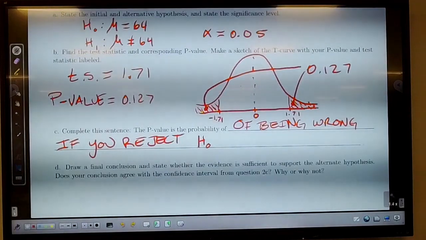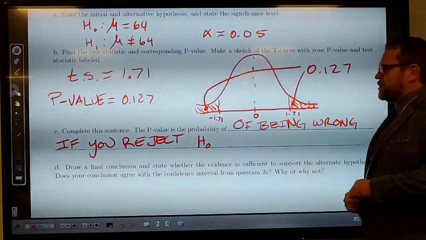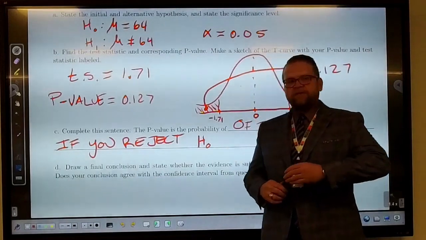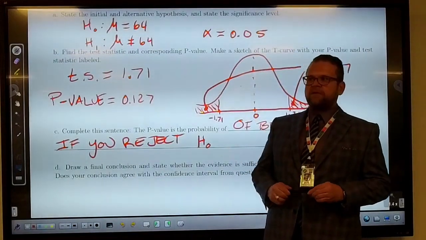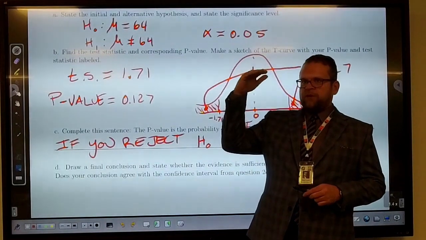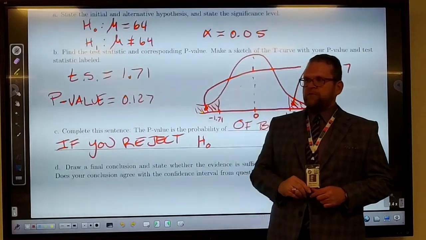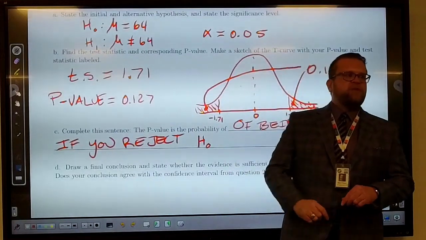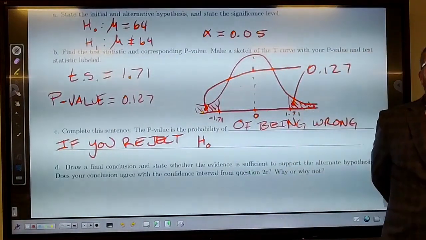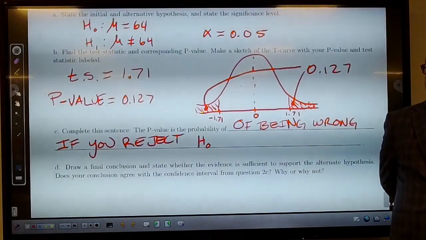What did we do last week, when you did the stuff from week 8, difference of two means? They had you do a hypothesis test and then confidence intervals. And then sometimes they asked you at the very end if that confidence interval agreed with the hypothesis test.